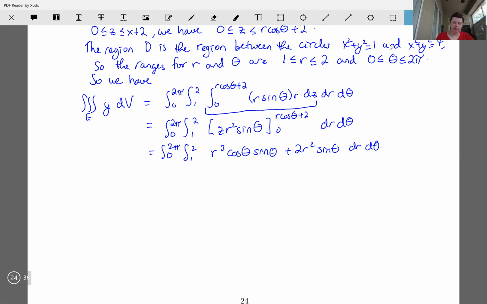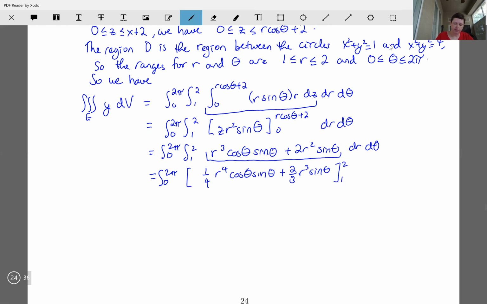And so now we're going to integrate this with respect to r. It's going to give us the integral from 0 to 2 pi, and then in the interior, 1/4 r to the 4th cosine theta sine theta plus 2/3 r cubed sine theta, evaluated at the limits.